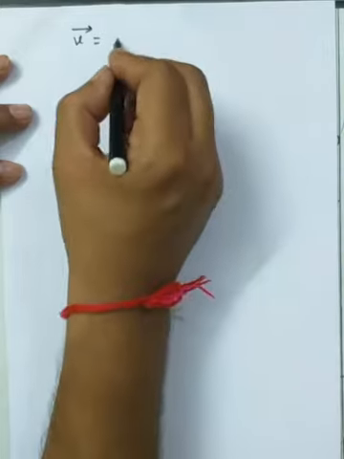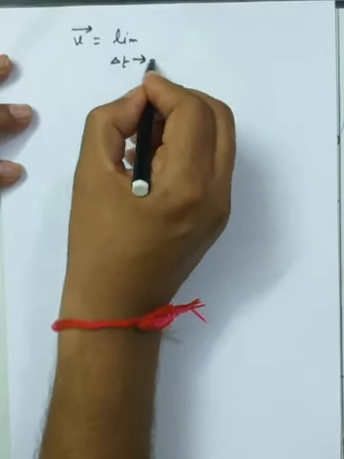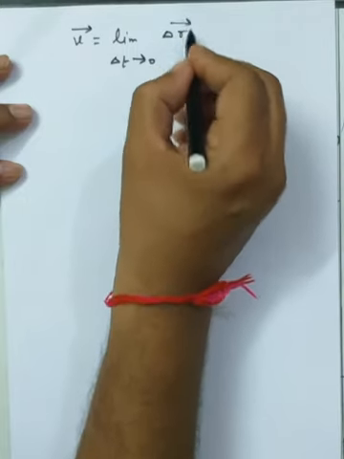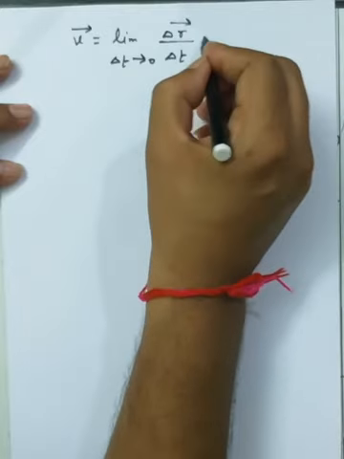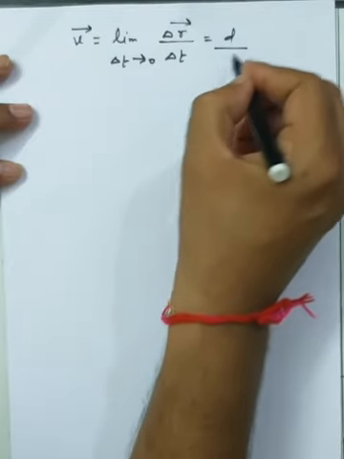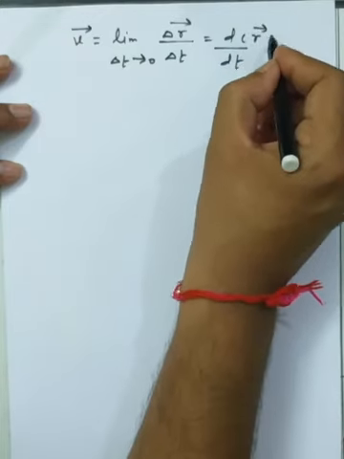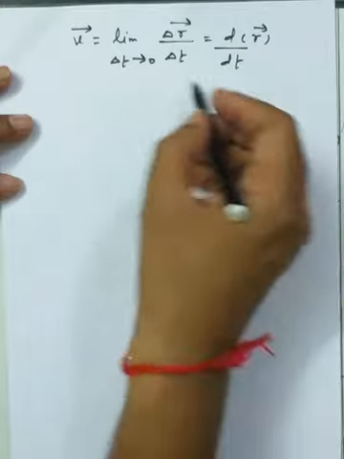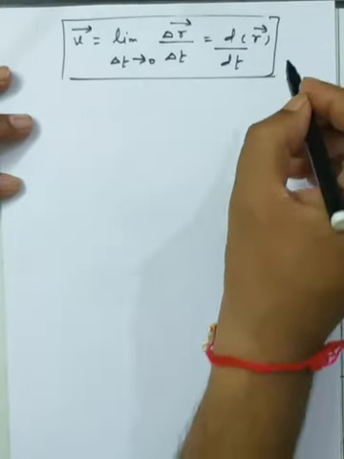So I am applying the limit delta t tends to 0, and here we have the displacement upon time. So it is the derivative portion, d by dt of the displacement, that is called dr.